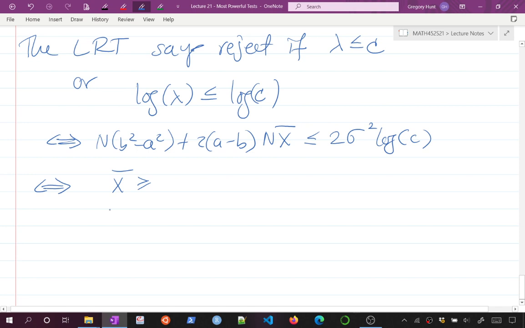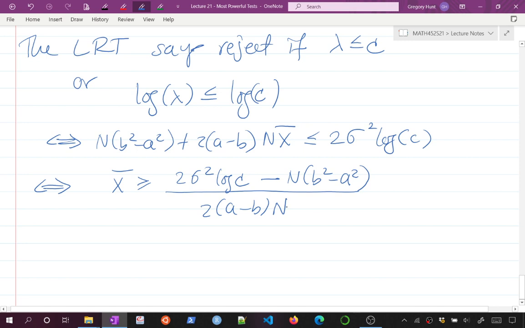So it'd be like 2 sigma squared log c. I can move this n times b squared minus a squared over, so I can straight up subtract that, but then I'm going to divide through by 2 times a minus b times n, right? And there I have to be careful because a minus b in this case is negative, so I had to flip this inequality sign. Okay. Now I don't particularly care about this constant.